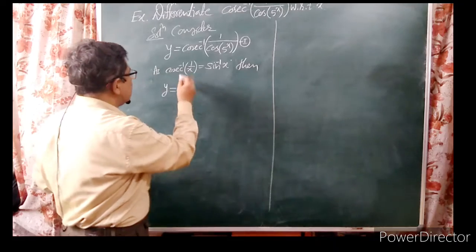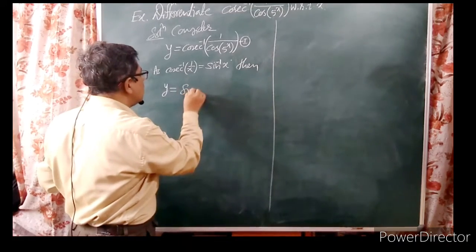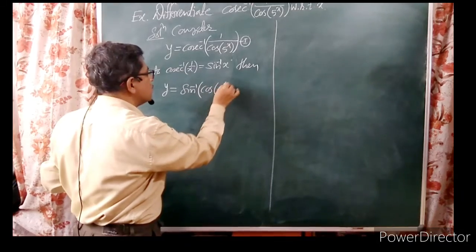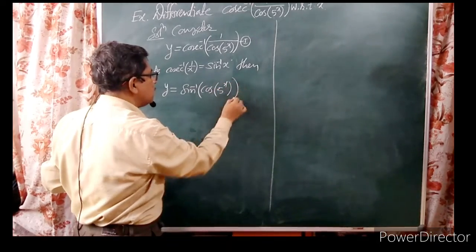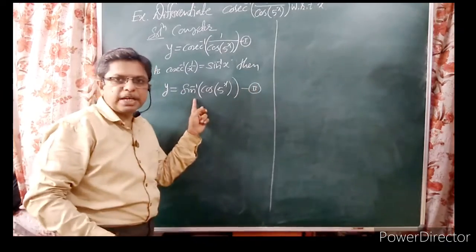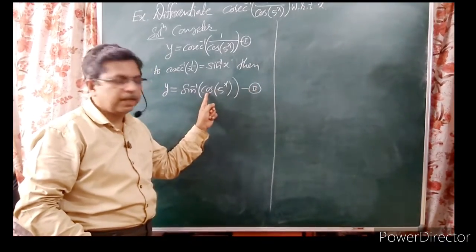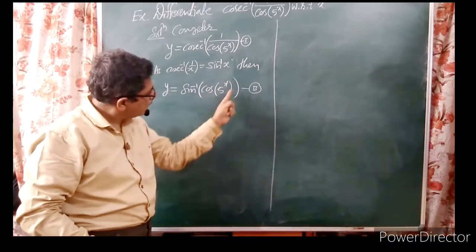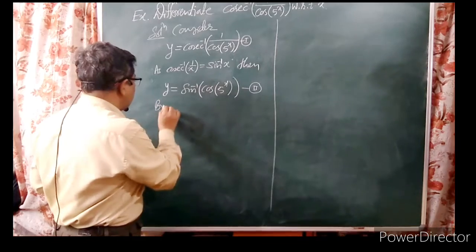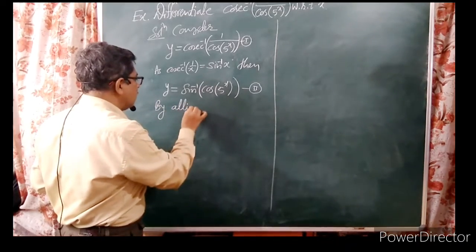So we'll write y is equal to sine inverse of cos of 5 raised to x. Now outside we have sine inverse and inside we have cos. So we have to convert cos in the form of sine by the allied angle formula.